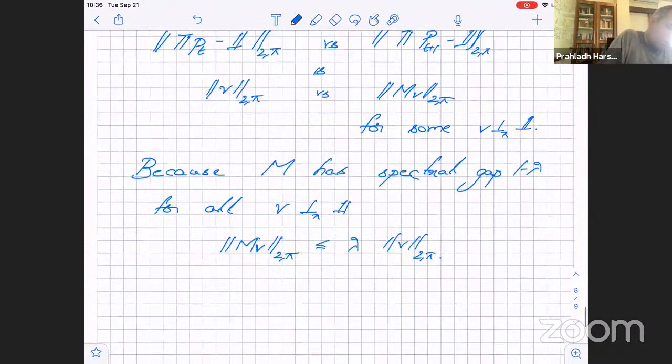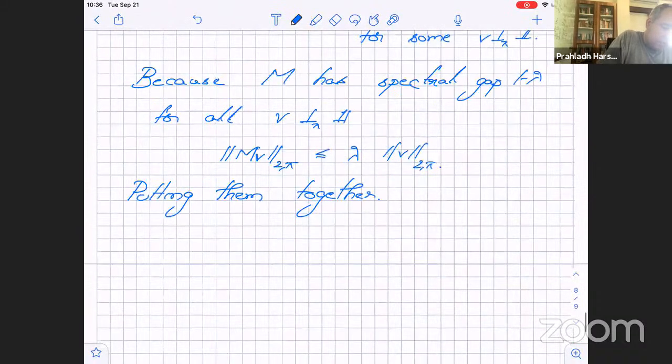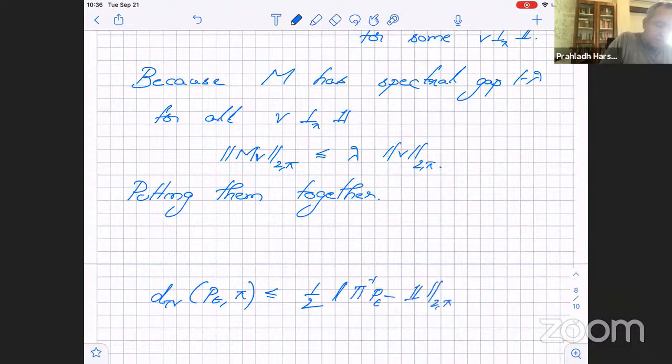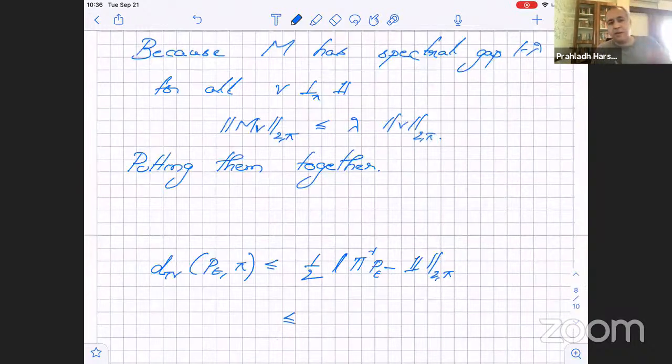So putting all of this together, we get that the total variation distance between p_t and π, which we upper bounded by the 2 norm this way, shrinks by a factor lambda each single step.